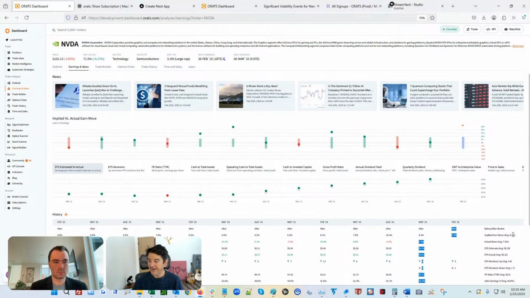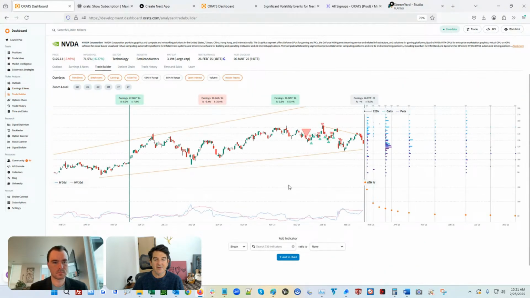It's usually implied at 8.2, and it only moves on average at 7.6. So that's probably an expensive earnings amount for Nvidia. So you see where I'm going with this, Tyler?